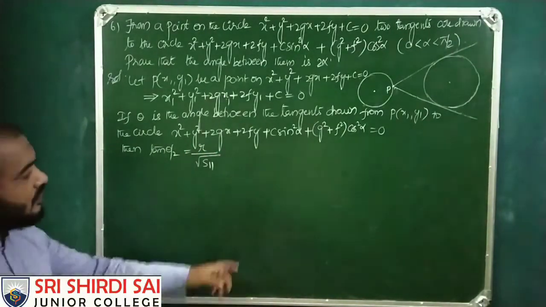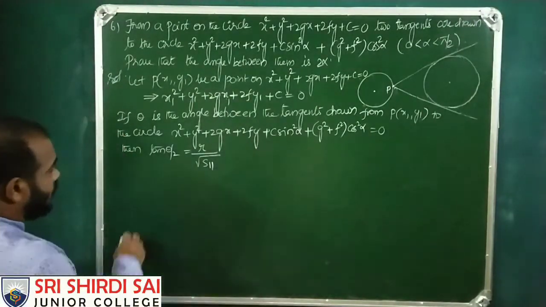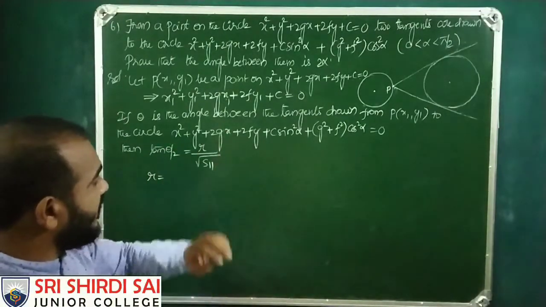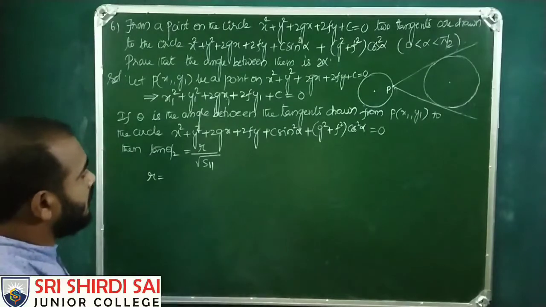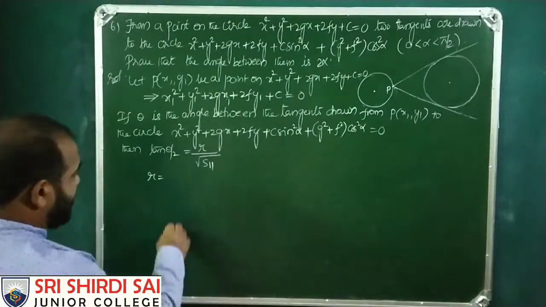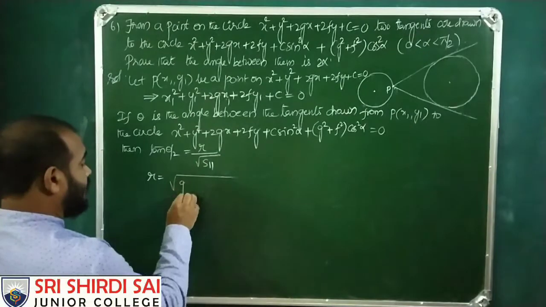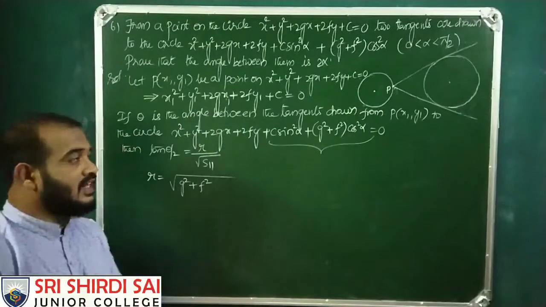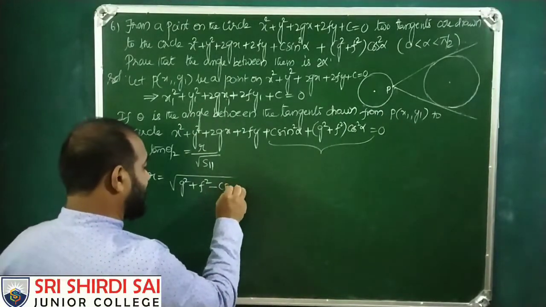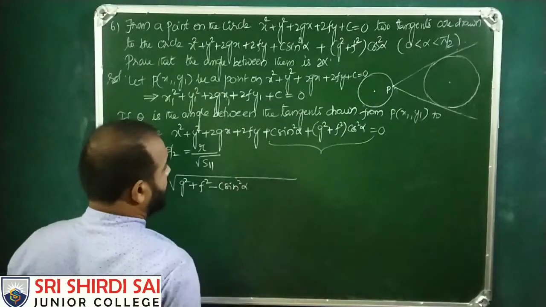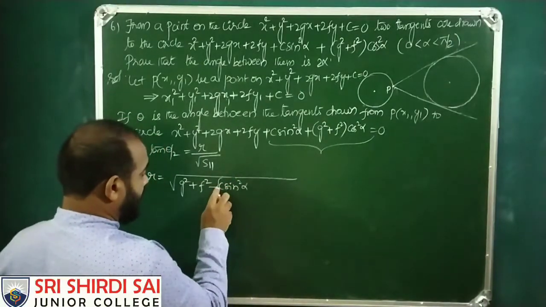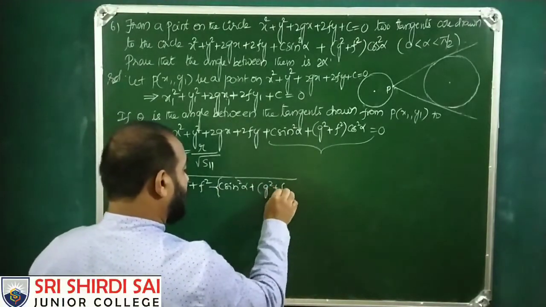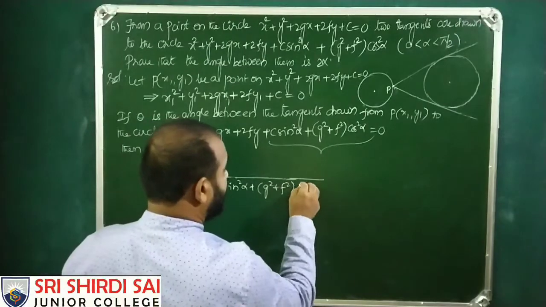So what is the radius for this circle? First of all let us find out the radius for this. What is the radius? The radius is equal to square root of g square plus f square minus c, where c is the entire constant: minus c sin square alpha plus g square plus f square cos square alpha.